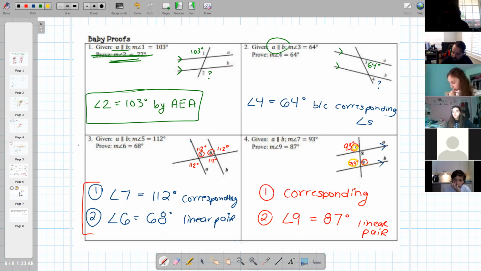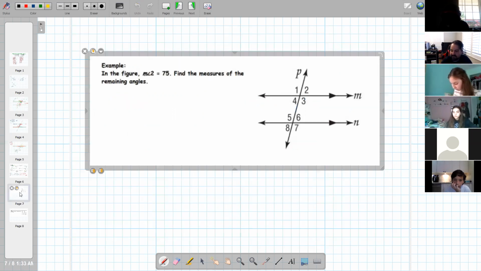All right, so we're going to jump down. I'm going to ask you to take a minute to try to do this. I want to know what every other angle in this picture is. The easiest way for you to do this is to just quickly sketch it. I'm giving you one angle and I want to know what every other angle in this picture is. Should take you about a minute. You got this.